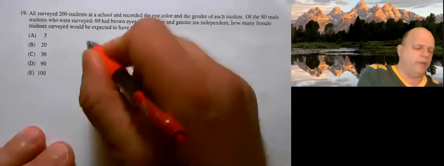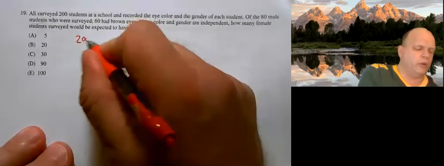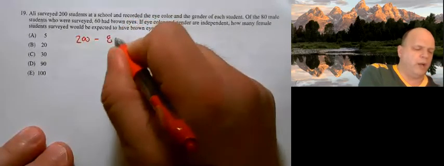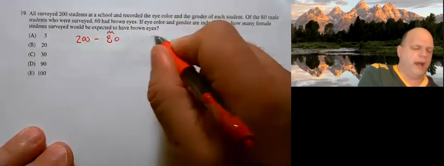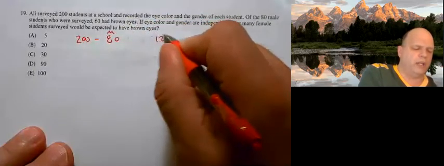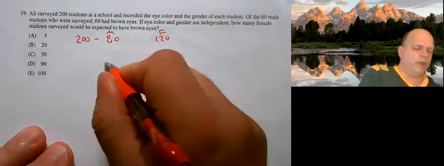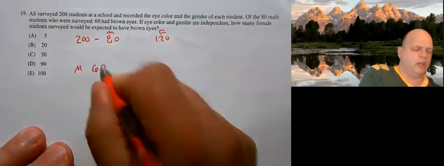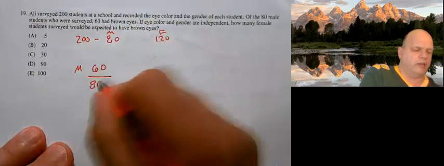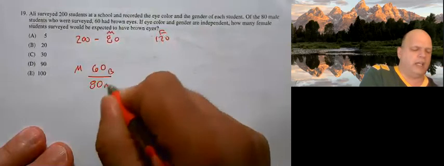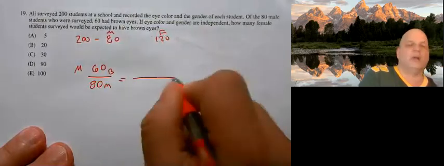Well, so we have 200 students minus 80 for the males means we have 120 females that were surveyed. So for the males, it was 60 out of the 80, 60 brown eyes out of 80 males.